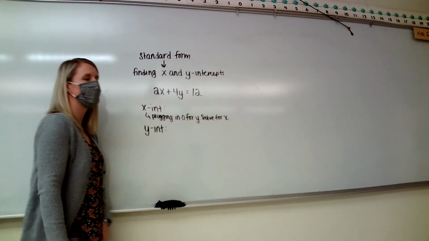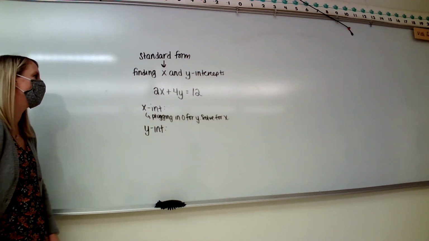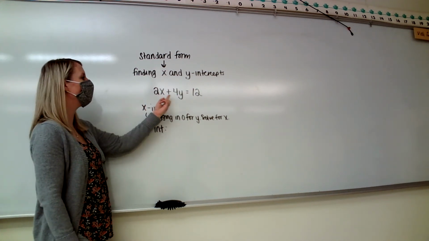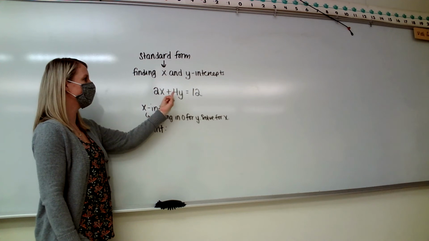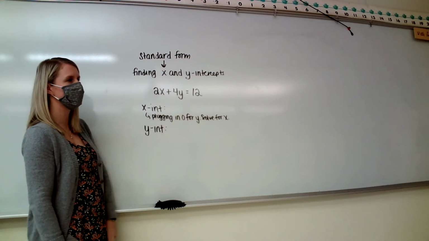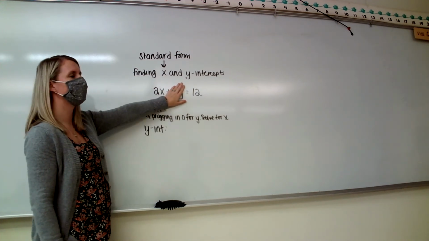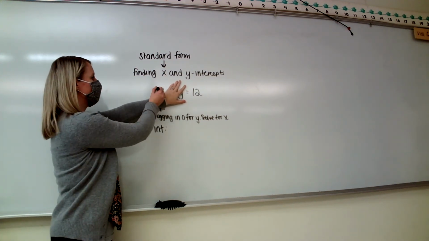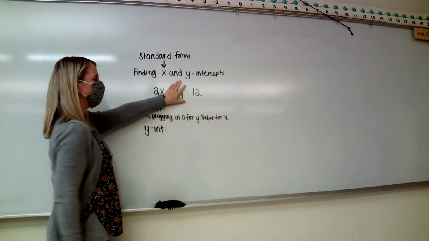Now when I say plug in a 0, I'm literally going to do it in the easiest possible way. So here's how I find an x-intercept. I plug in a 0 for y. If I put a 0 here, that's just going to make that whole term 0. So I actually just end up with the equation 2x equals 12.